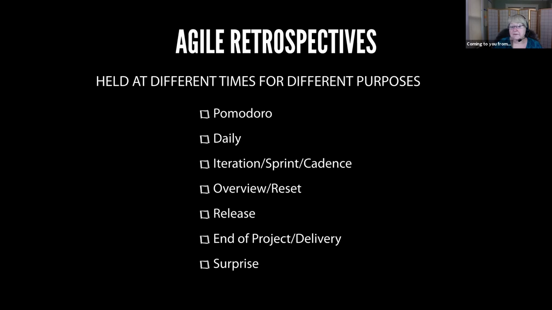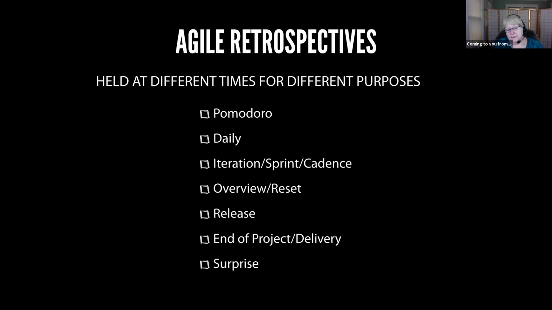So that happens. And then, of course, the thing we're most familiar with is the iteration or sprint, or with Kanban, sometimes it's a cadence that they pick for their retrospectives. But then there are also things like overview retrospectives or reset retrospectives. Things aren't going the way we want. Let's stop and look over a longer term and figure out what's tripping us up and what that tells us about what we might want to do differently in the future.